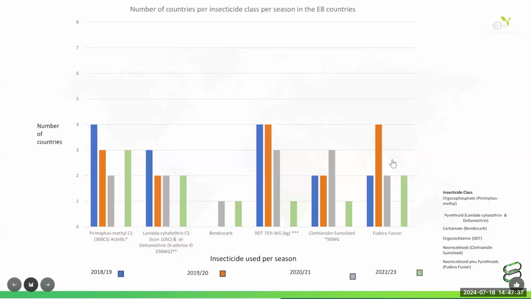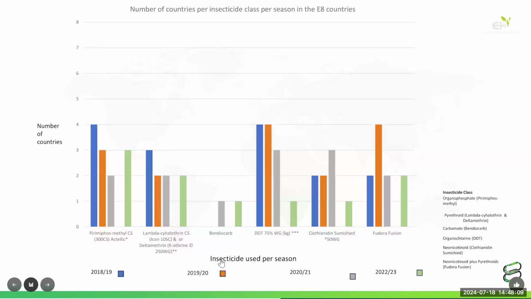Bendiocarb, only 1 country has been using this for the past season and the last 2 seasons. Then DDT has been mentioned. In the first years, most countries were using DDT. Because of production issues and noticing resistance, maybe from the same mechanism as pyrethroids, only 1 country was consistent in using that up to the last season.